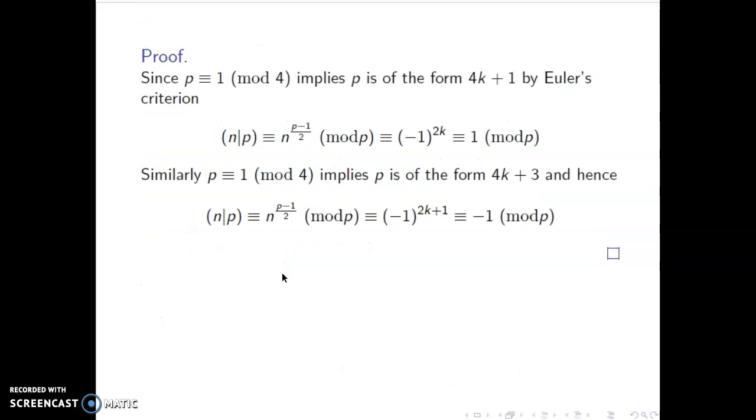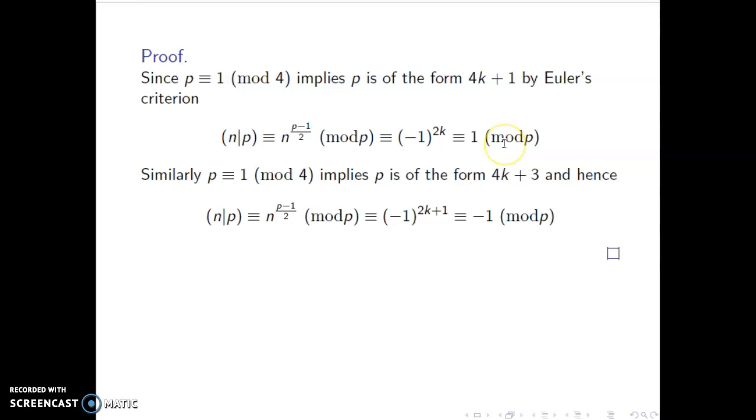If p is congruent to 1 mod 4, then I can write p in the form 4k plus 1. By Euler's criterion, (n/p) is congruent to n raised to (p minus 1)/2 mod p, which is congruent to minus 1 raised to 2k.